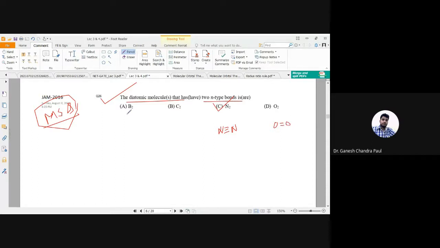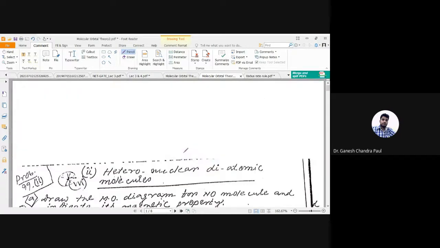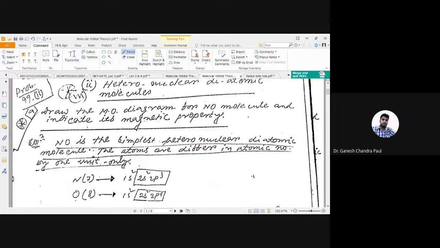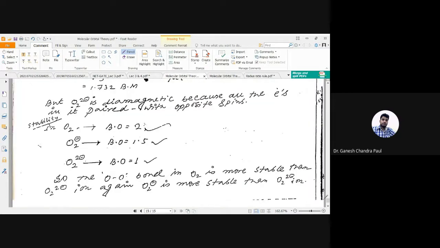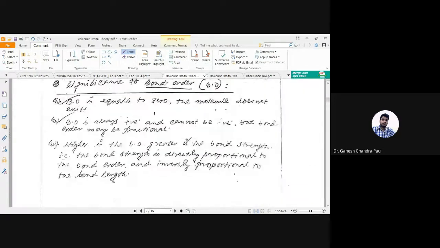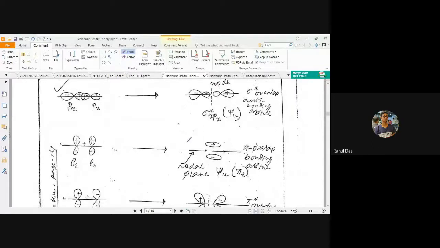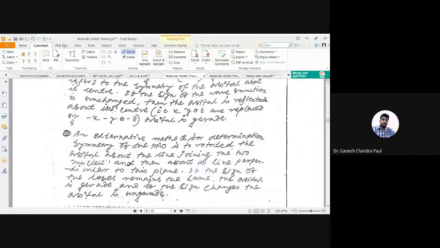And in case of B2 molecule, what is the bond order? You just go back and check. The bond order is 1.